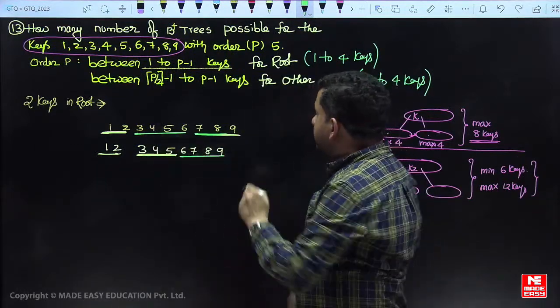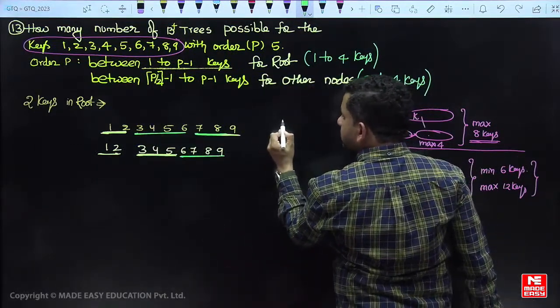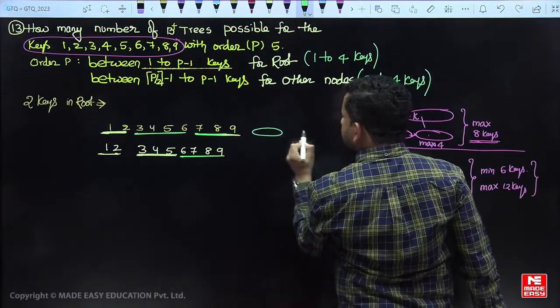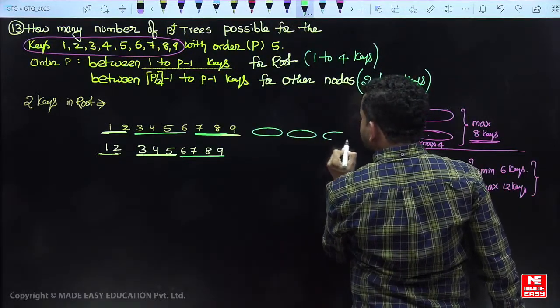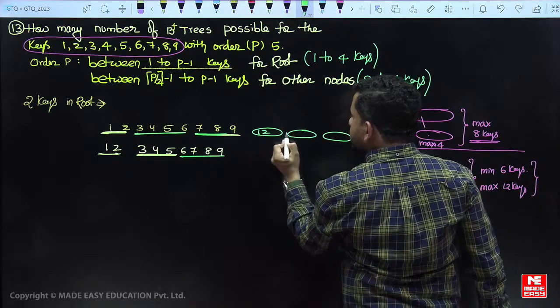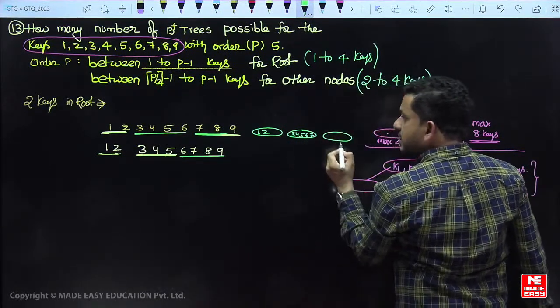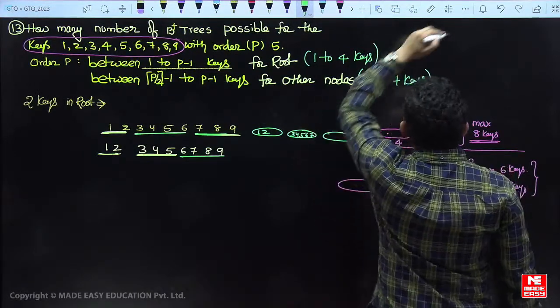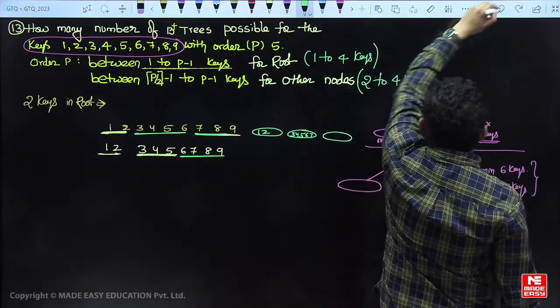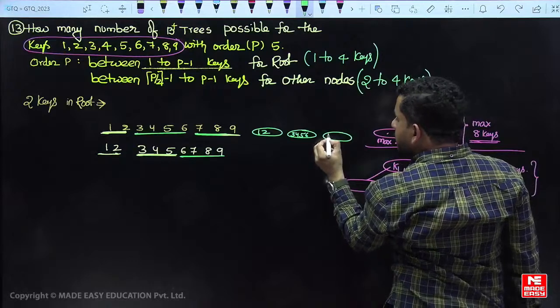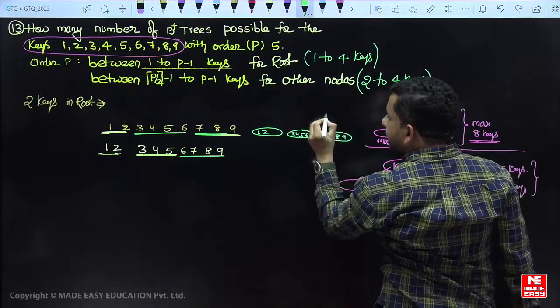So these are the 2 trees, and these are the leaf nodes: first leaf node, second leaf node, third leaf node. The first leaf node has 2 keys, the second leaf node has 3 4 5 6, 4 keys, and the third leaf node has 7 8 9.